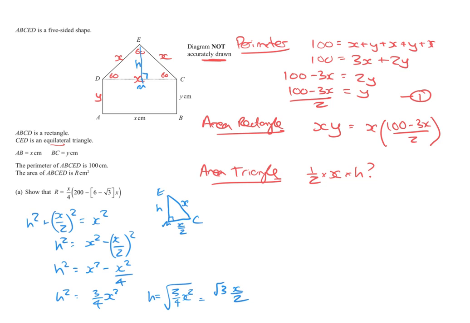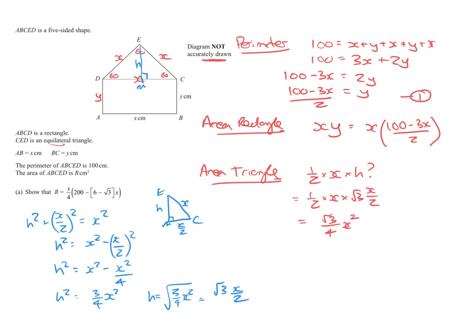So a half x times h is going to be equal to a half multiplied by x multiplied by root 3 x over 2. And that then gives me root 3 over 4 multiplied by x squared. And so that's the area of my triangle.